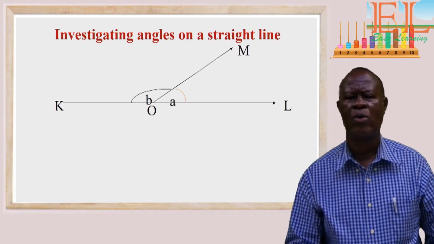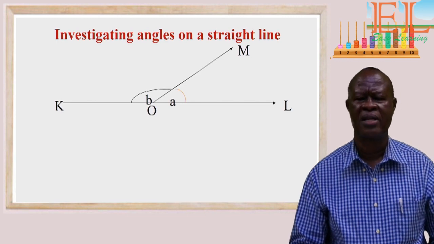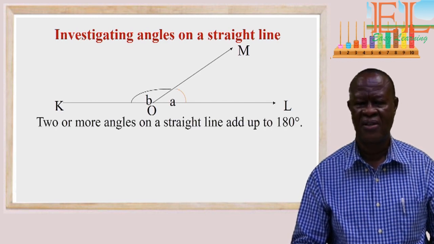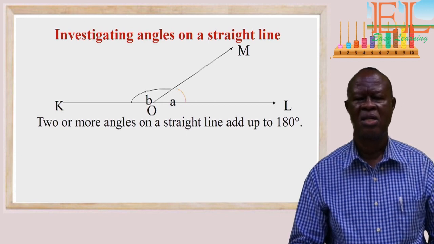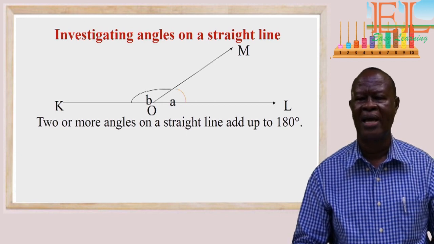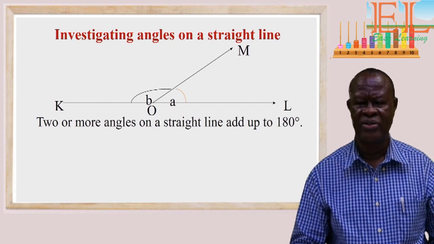We may see that angle A plus B is equal to 180 degrees, and this lets us conclude that 2 or more angles on a straight line add up to 180 degrees.